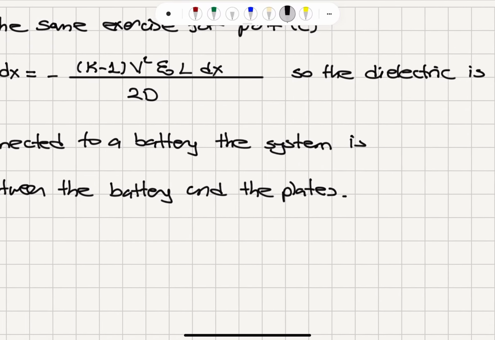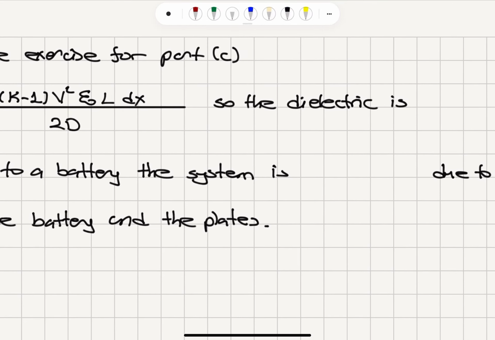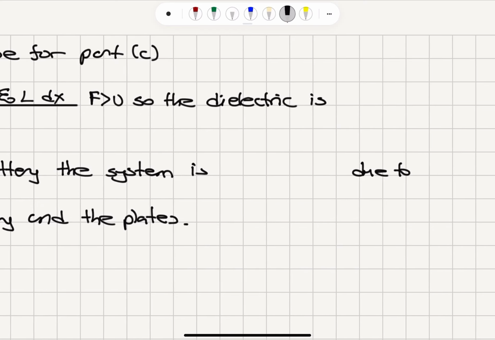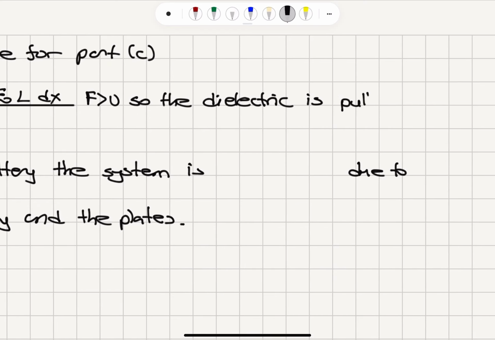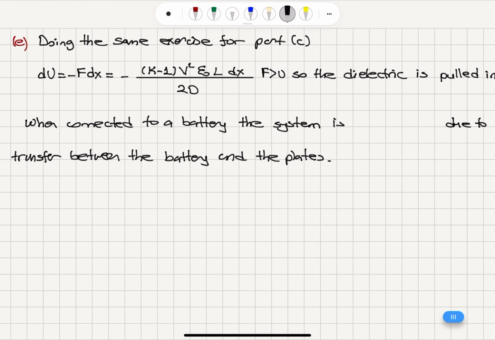This time I find that the force F turns out to be positive, so the dielectric is pulled in. All right. And how can I explain this discrepancy between the results of parts B and C?